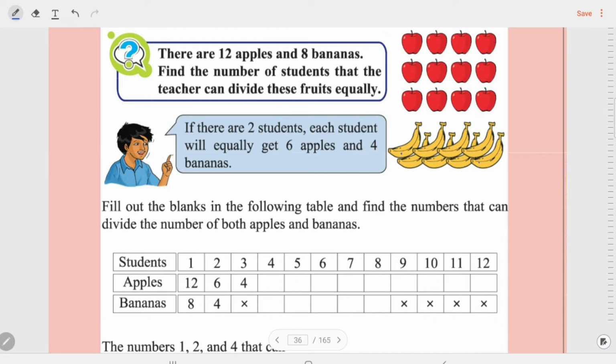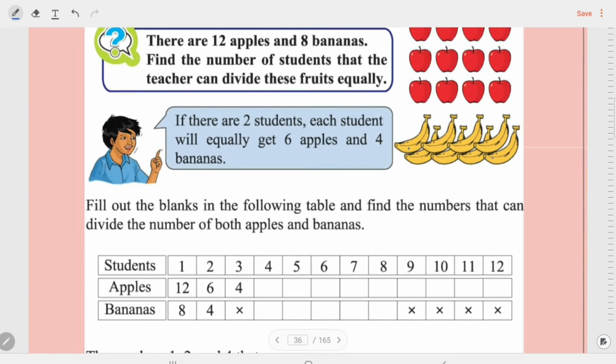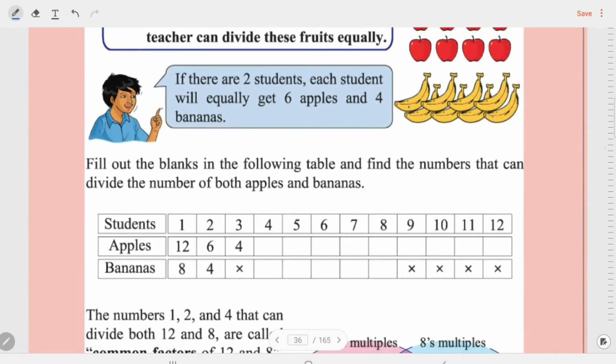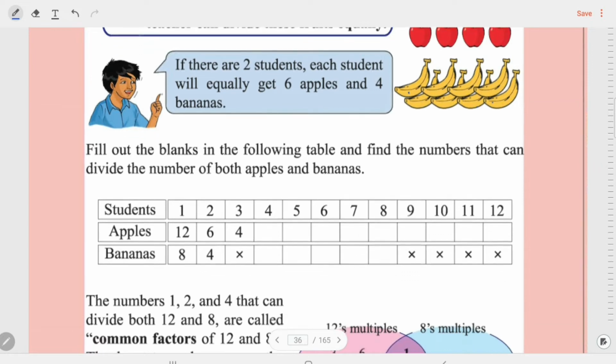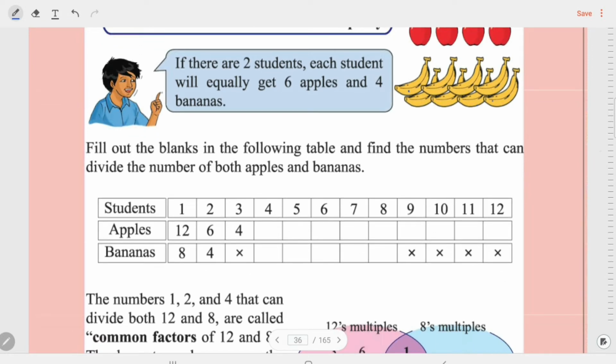Oh, wait a minute. Alright. Fill out the blanks in the following table and find the numbers that can divide the number of both apples and bananas. Okay, 1 student means 12 apples he will get, 8 bananas he will get.